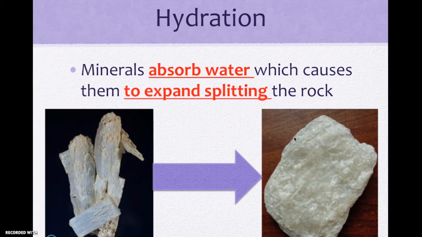Okay? So you have a mineral and it absorbs water and then it gets bigger because there's more stuff in it. These minerals can get up to 35% bigger, and as they expand, of course, they put pressure on the rocks that they're part of and can split them apart.